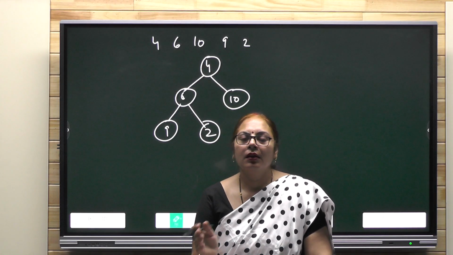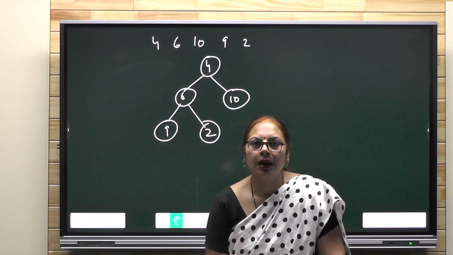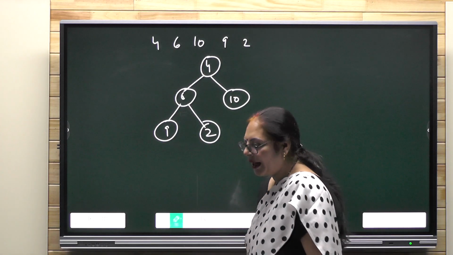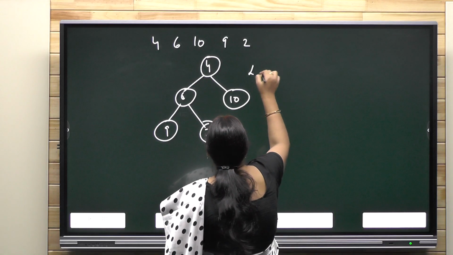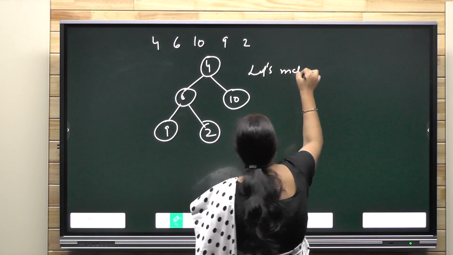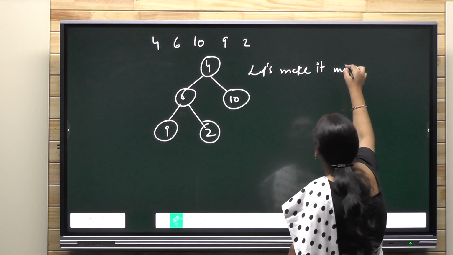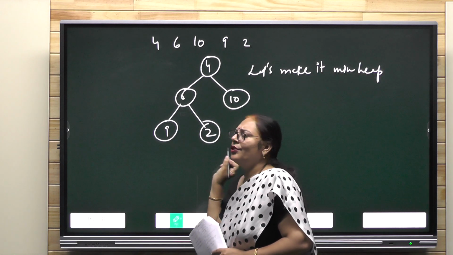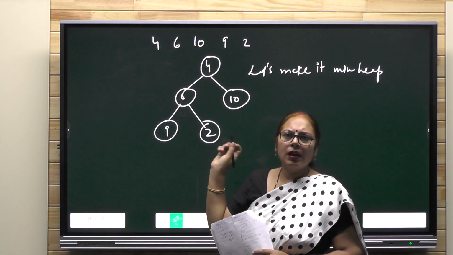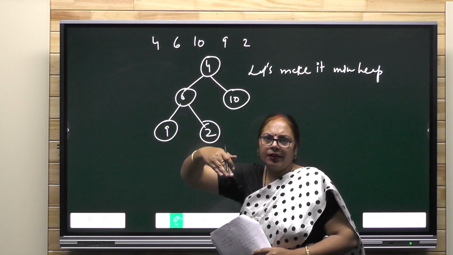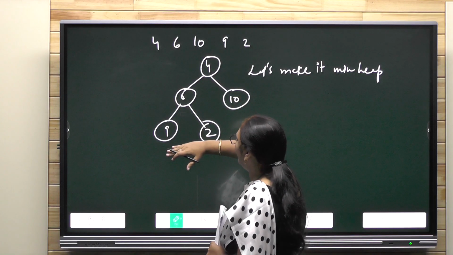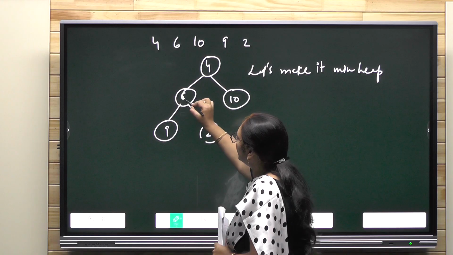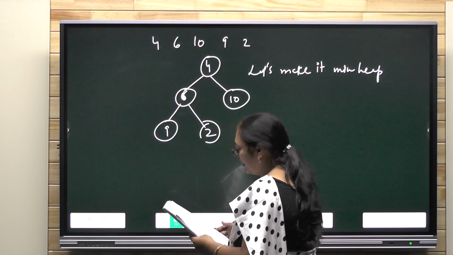Now when we create the min heap, we have to do the comparisons. For making it a min heap, there is a simple formula, the heapify method, that we are going to use. We are not going to touch the leaf nodes. We will check one level above the leaf level. Here is the 6.